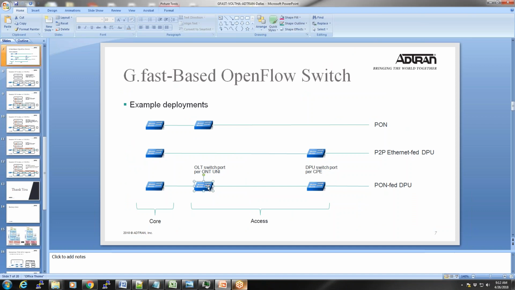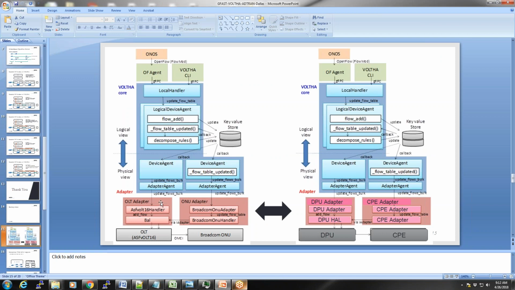Are you referring to the OLT ONU logical device and the DPU CPE logical device? Just as when an OLT adapter abstracts this OLT ONU construct, that's a single logical device inside of ONOS. Correct.